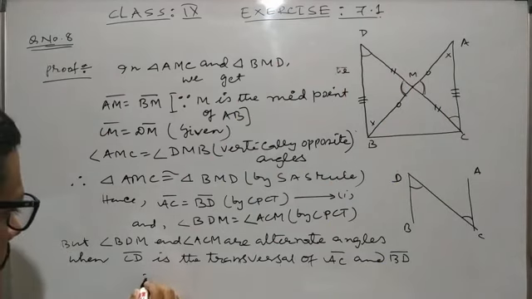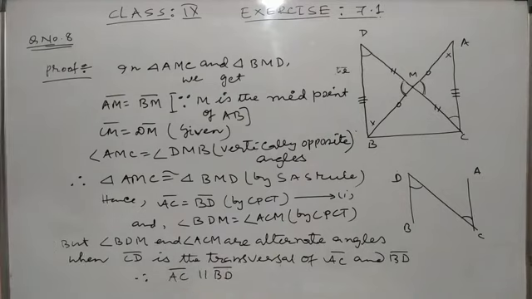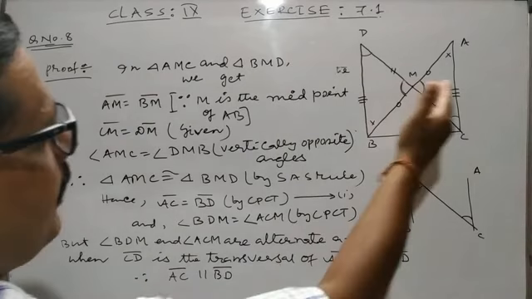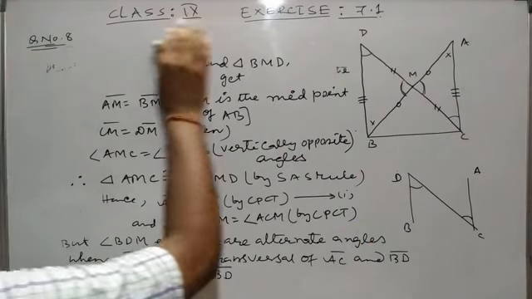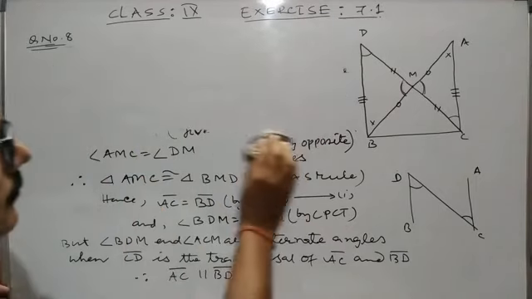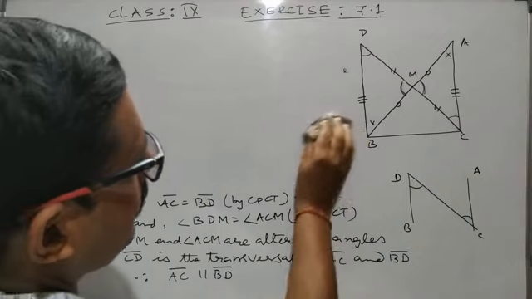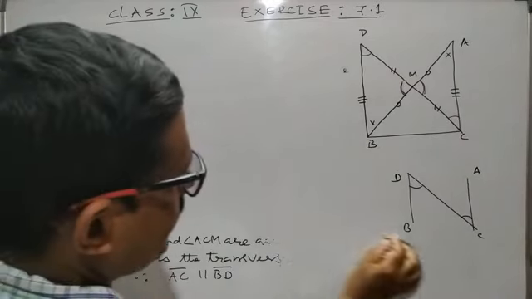Therefore AC is parallel to BD. So we have got AC parallel to BD. Now again you see, we have got AC parallel to BD and BC is the transversal.